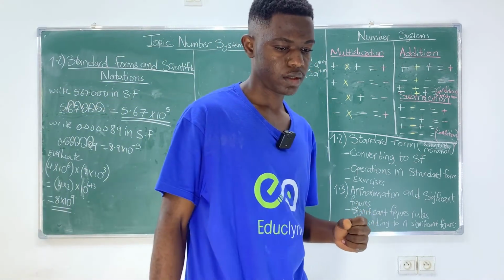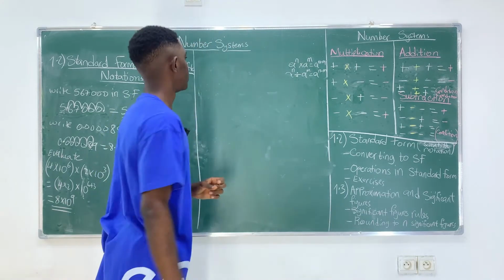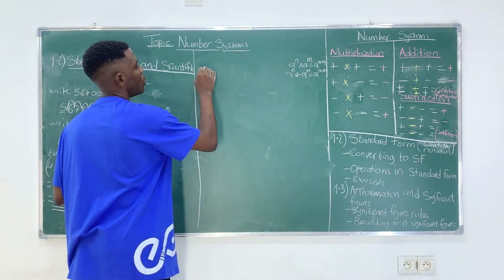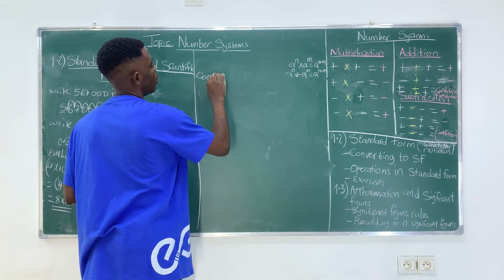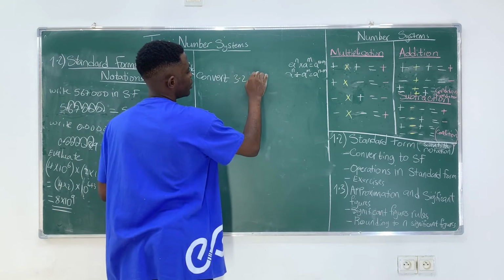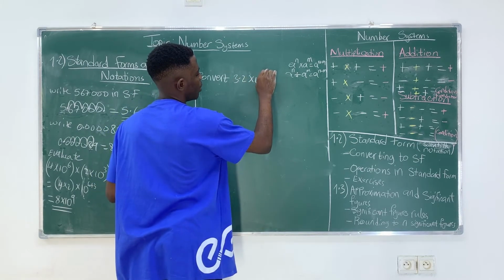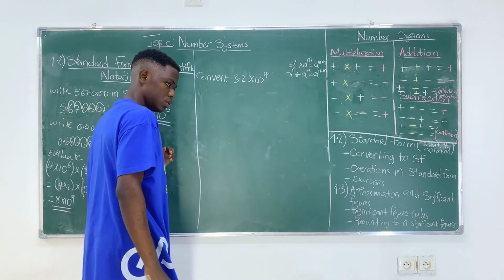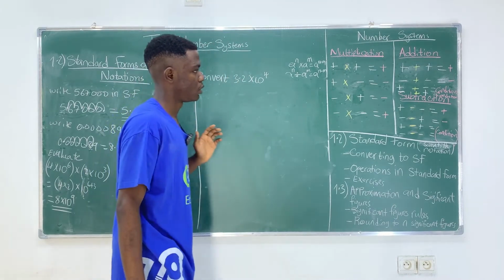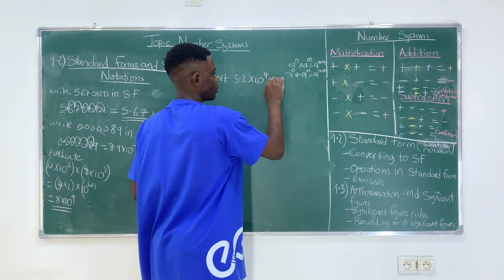So the next example says convert 3.2 times 10 to the power 4 to ordinary form.